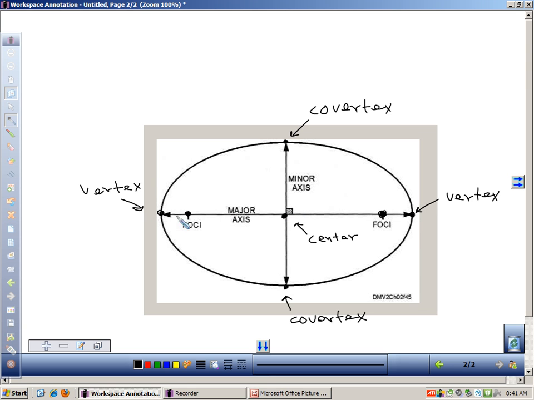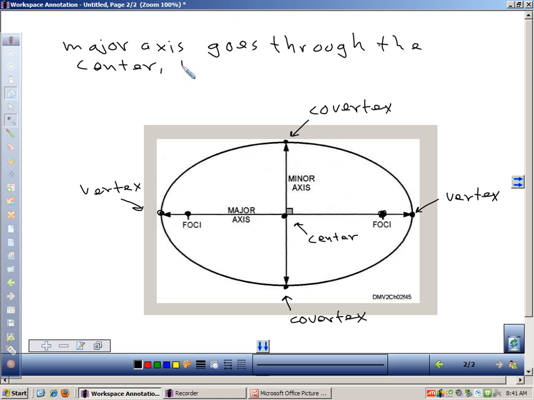And the major axis, this is an important one to remember, the major axis goes through the center, the two foci, and the vertices.